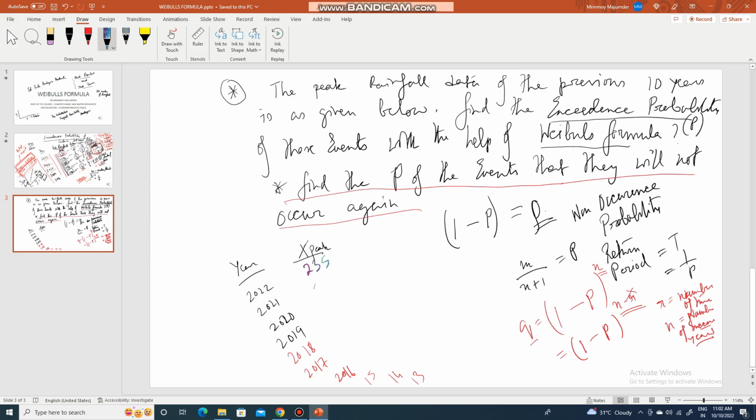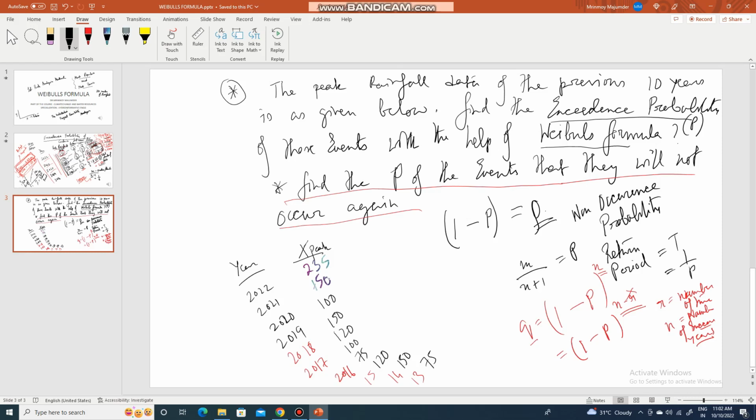These are all random events we have given: 235, 150, 100, 150, then 120, then 100 again, then suppose 75, then 120, 150, and then again 75.